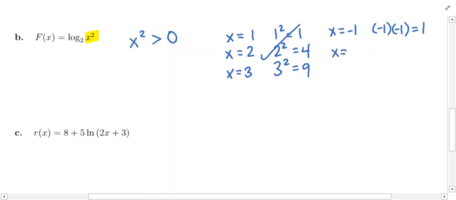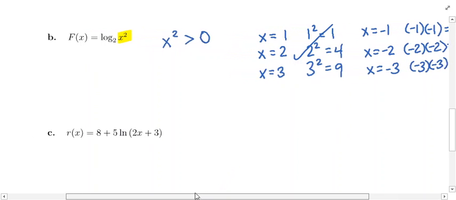If x were -2, you're going to have to square it to get +4. You're going to be able to take the logarithm of +4. -3, same thing. If I square it, multiply it by itself, I'm going to get +9. You're going to be able to take the logarithm of that result.